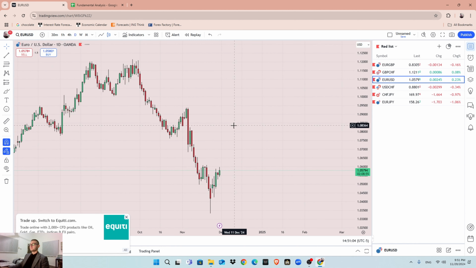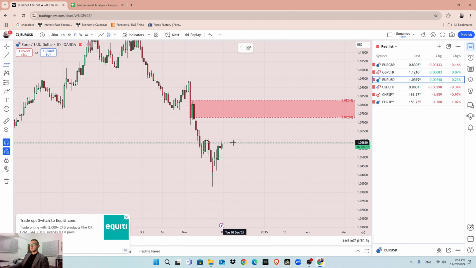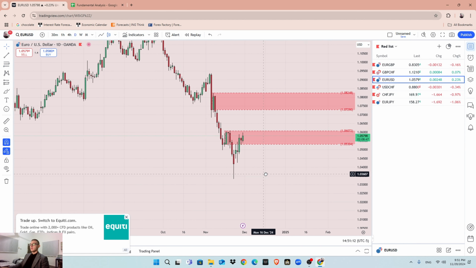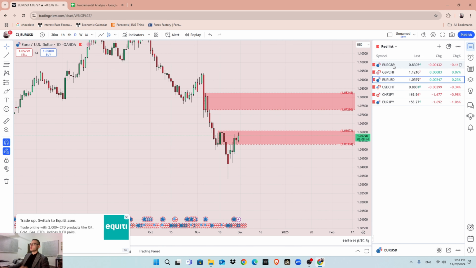Euro USD, we are in this supply area right here. Okay, but because I've had two positions, one on euro pound and another one on New Zealand dollar and US dollar, I did not like to take this position. Since the euro pound is the best trade idea I have right now, I put heavy weight on it, and I did not divide my positions into different currency pairs.